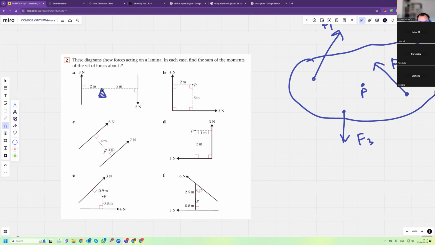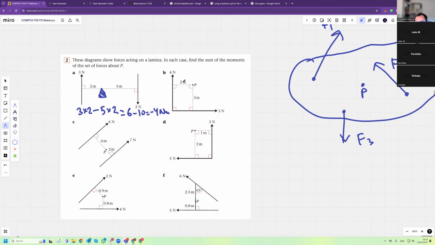So we have point P, and we have forces pushing, in this case, 3 times 2 is the clockwise moment. So 3 times 2 minus 5 times 2, which is 6 minus 10, which is minus 4 Newton meters. So it's 4 Newton meters. That's the total moment. Okay.